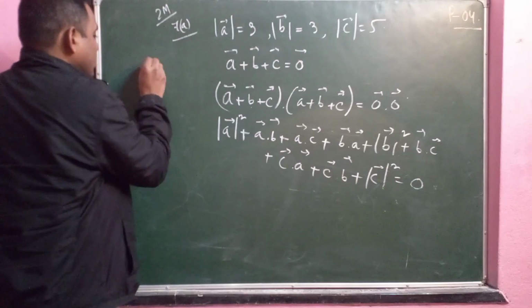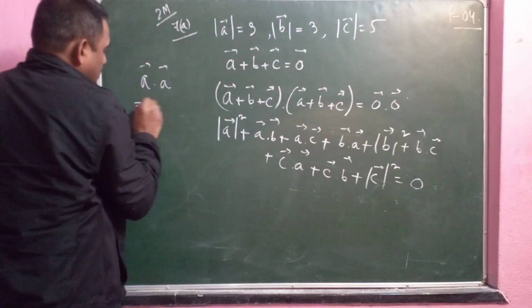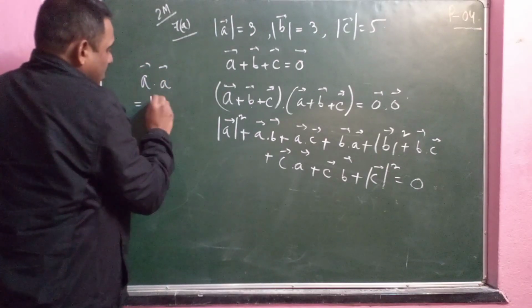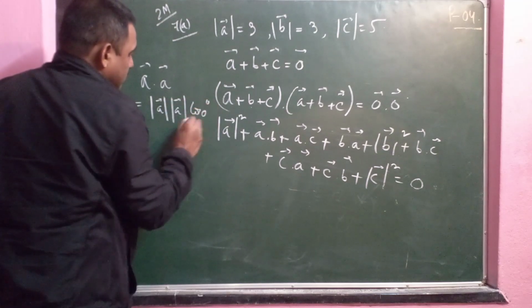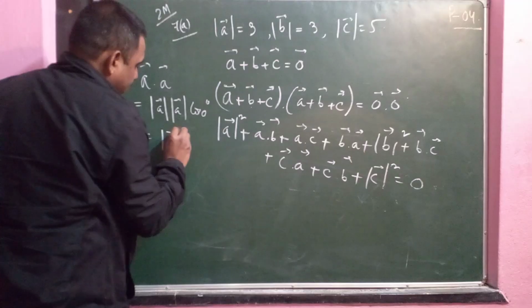Understood? A dot A is what? That is mod A times mod A, and the angle between A and A is cos 0 degree. So that is mod A square.